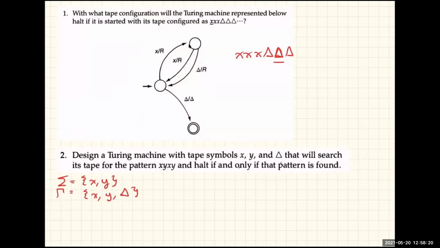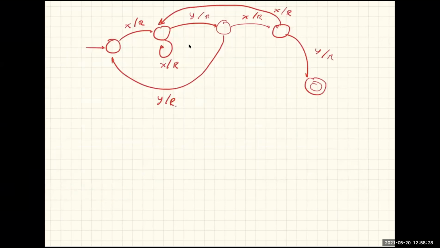It says X, Y, and blank. Yes, it should skip also the blank symbol. It's not the empty symbol. Remember, the empty symbol is this. This is empty symbol. And this is empty string. And this is blank symbol.